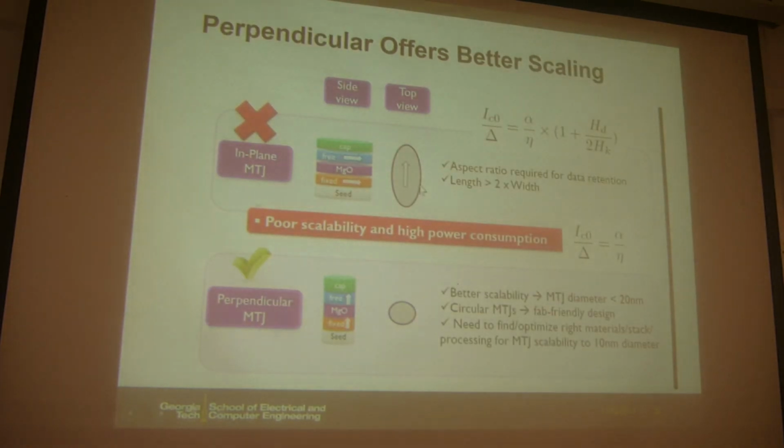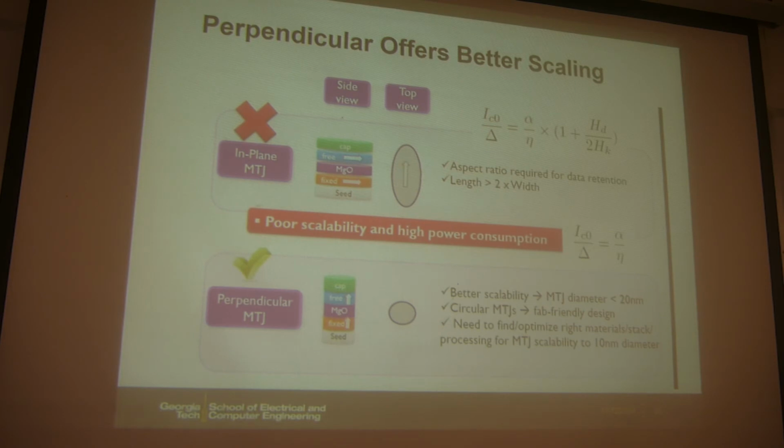So the reason is the perpendicular structure offers better scaling. The idea here is that from the data retention point of view, you need some aspect ratio for the geometry for the MTJ structure.